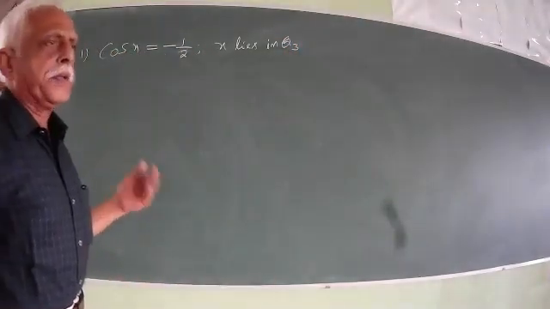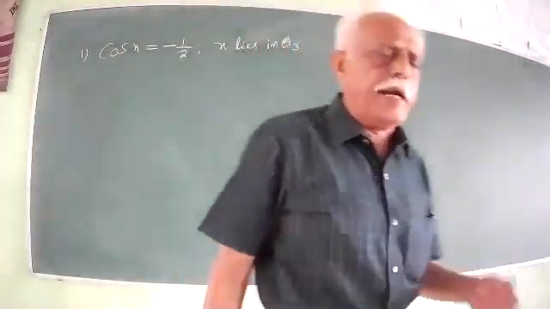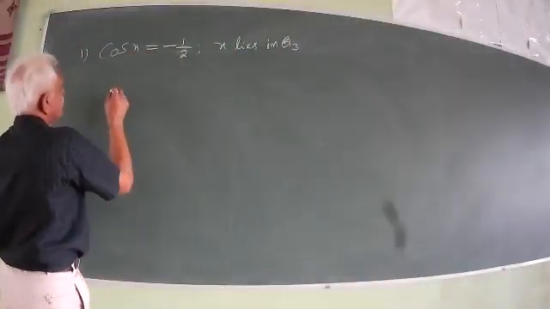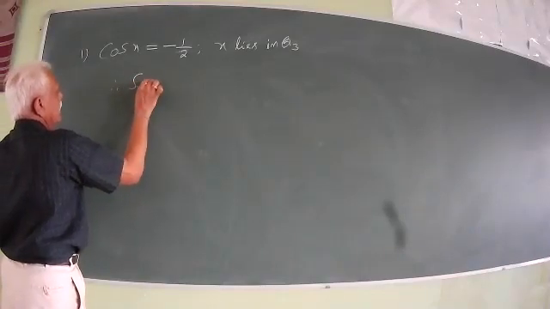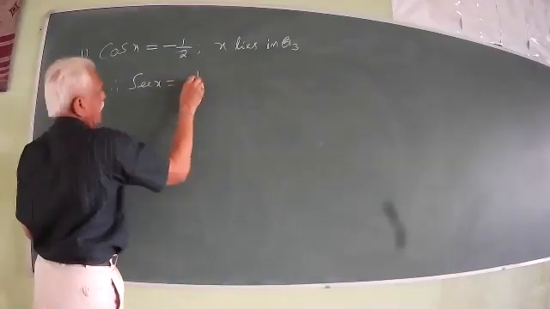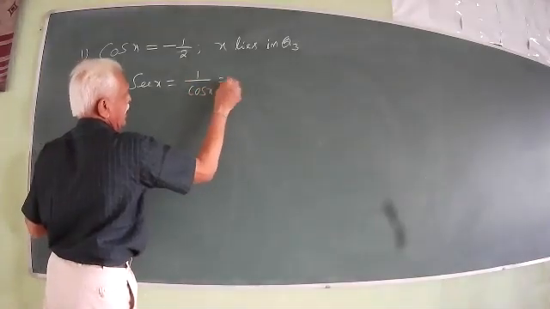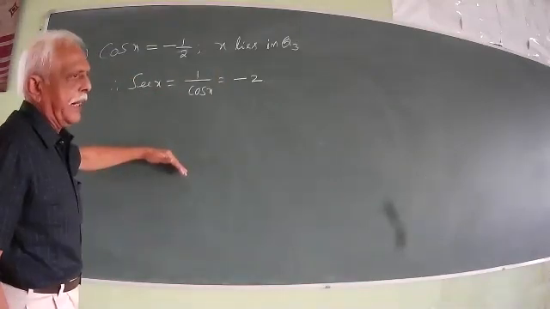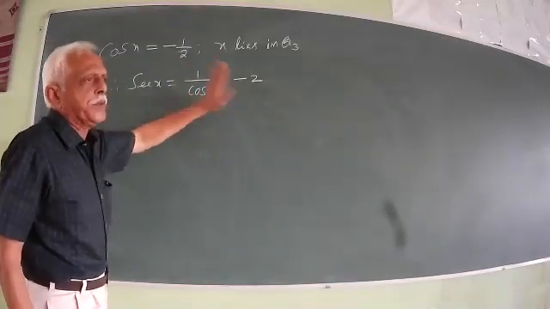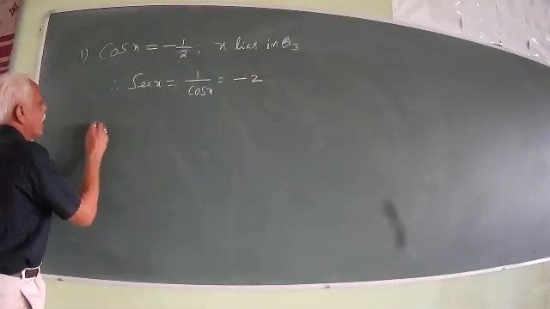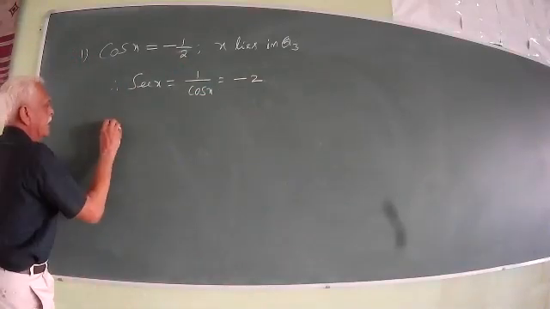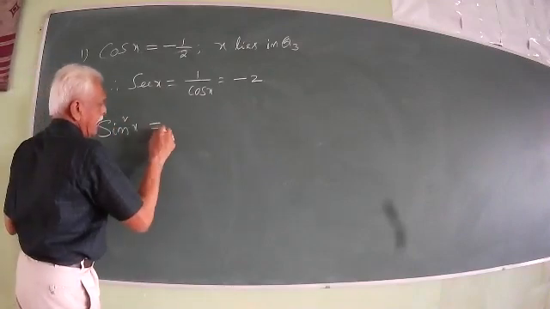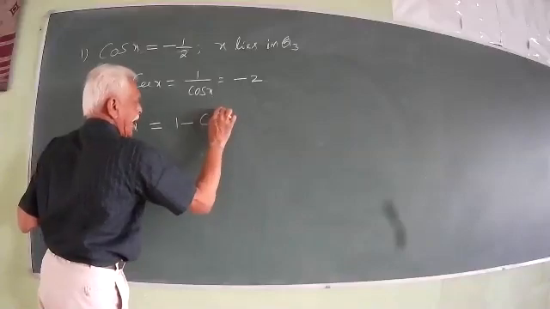So whenever one ratio is known, automatically you can find the reciprocal of that one. So directly you can find secant x, which is nothing but 1 by cos x, which is 1 by minus 1 by 2, giving minus 2. Now using identities, sin square x is equal to 1 minus cos square x.